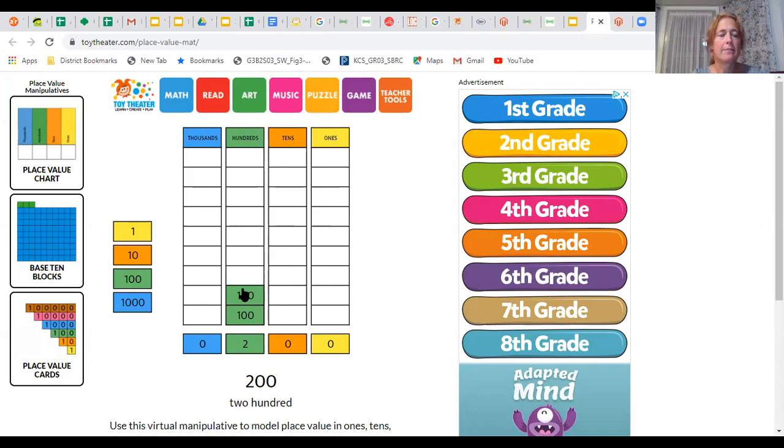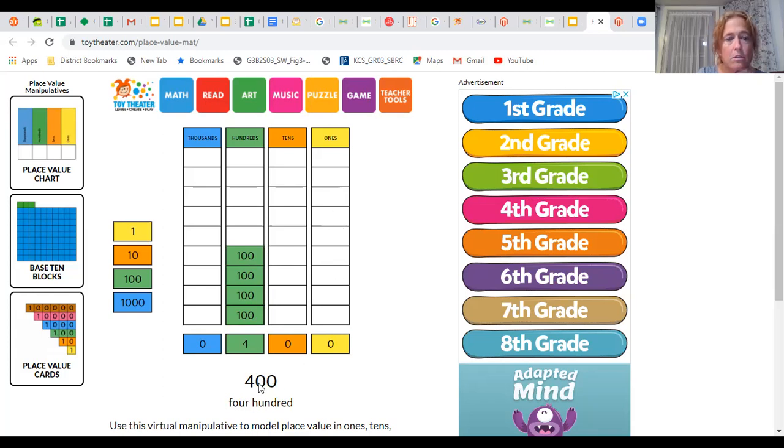All right, let's try that again. Let's say I do one set of 100, two sets of 100, three sets of 100, four sets of 100. Okay, so now I have the number 400, which we know has no tens in the tens place and no ones in the ones place.